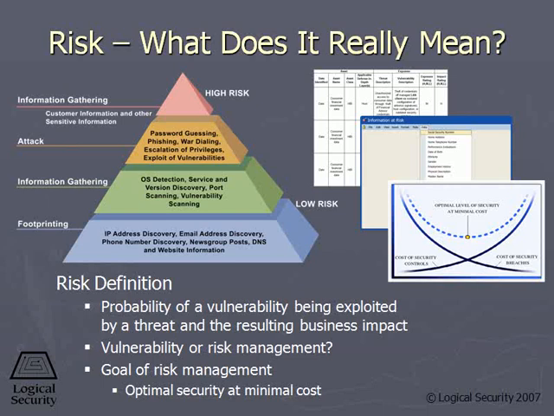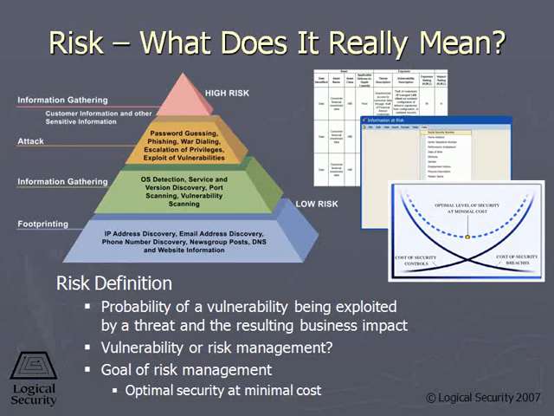I wrote back to who was putting this conference together and said, I don't think you want me on your panel, because the tools that they listed were vulnerability management tools. They were not risk management tools. In the industry today, a lot of products say they're risk management, and they're not.